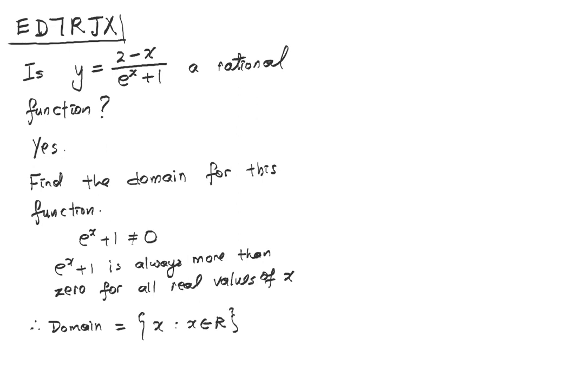So if I make this statement, all rational functions have a vertical asymptote, true or false? False. Only some, not all. You see or not? It depends on the rational function that is given to you. Okay, bear that in mind. Don't think that all rational functions must have a vertical asymptote.